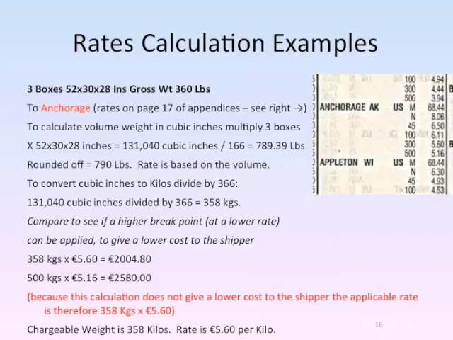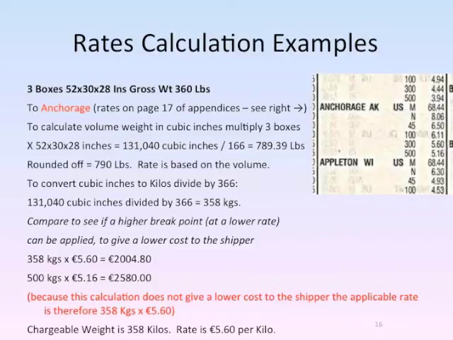So to calculate the volume, we need to multiply 3 boxes by 52 by 30 by 28 inches, and we get 131,040 cubic inches, and we divide by 166 and we get 789.39 pounds. Rounded off, this becomes 790 pounds.